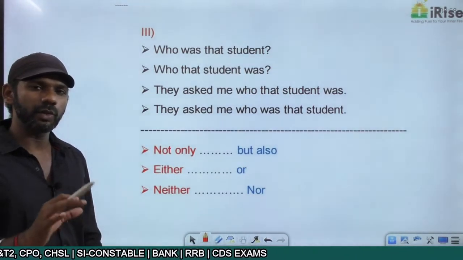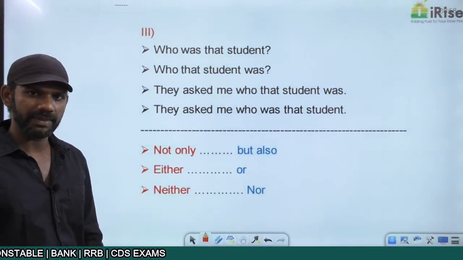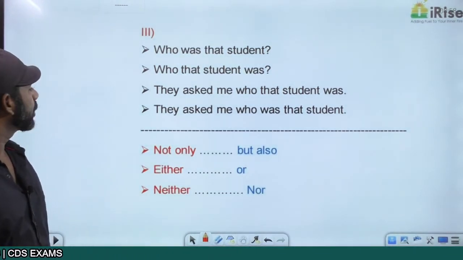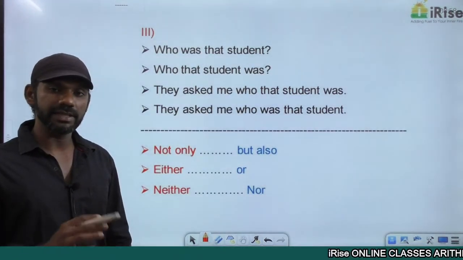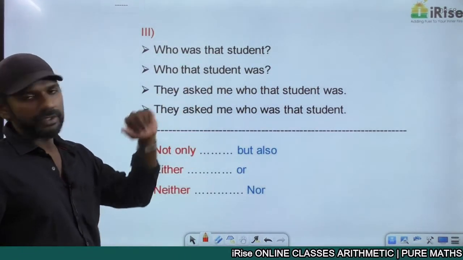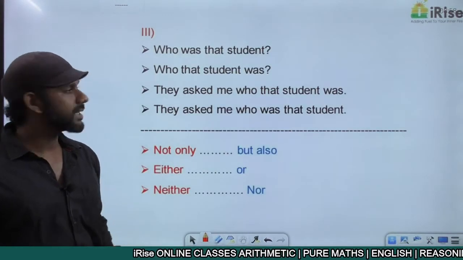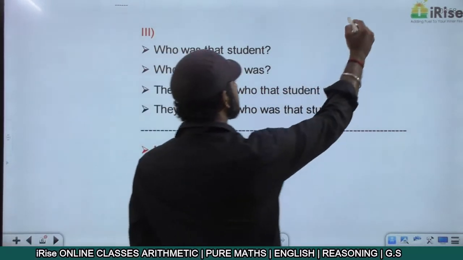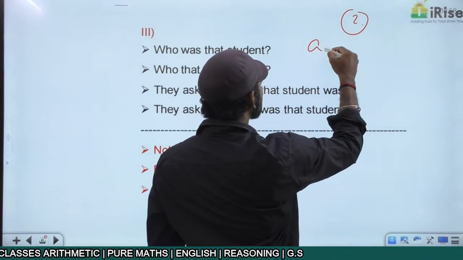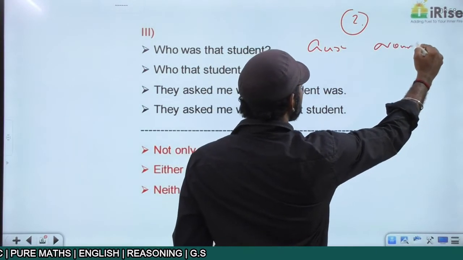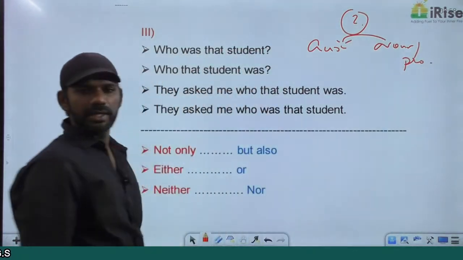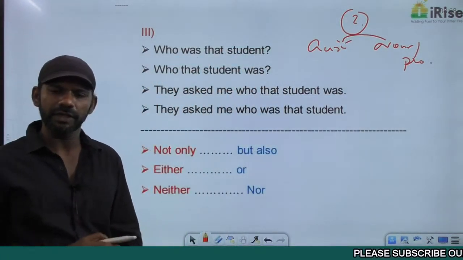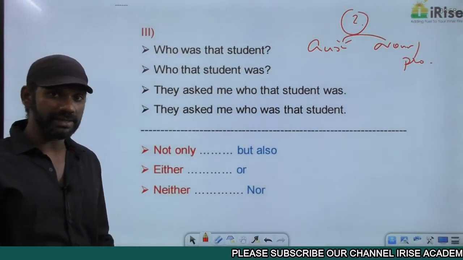I have told you this rule earlier as well. If it is an interrogative sentence, and every interrogative sentence ends with a question mark, the auxiliary verb must appear before the noun or pronoun. We have done questions based on this rule in the previous exercises.